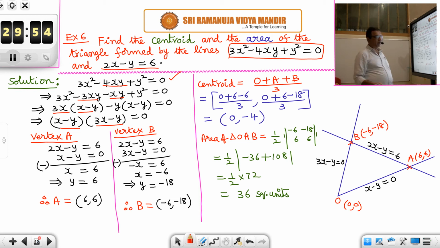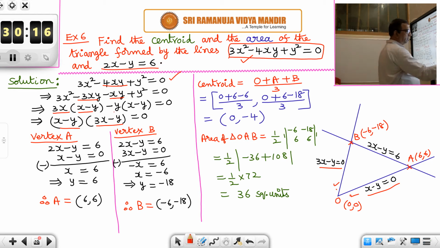I have shown in the diagram the individual lines passing through the origin, these blue lines. Originally they are given in the form of a second degree equation, but I have resolved them into two individual lines. One line is x minus y equal to 0, the other line 3x minus y equal to 0. And also in the question a single line is given, 2x minus y minus 6 equal to 0.